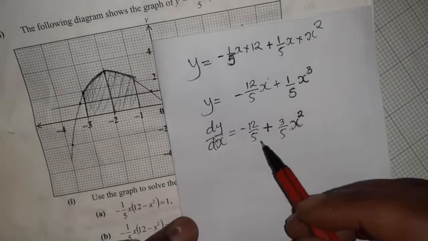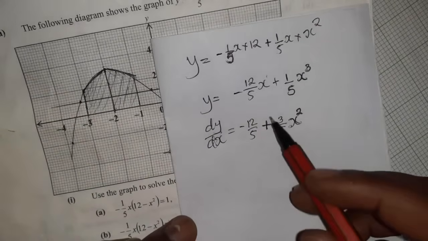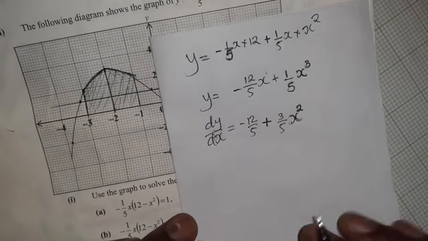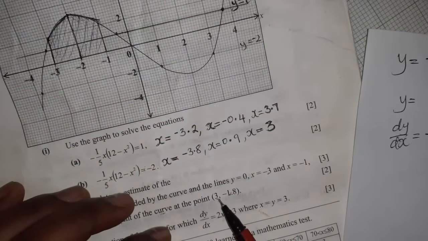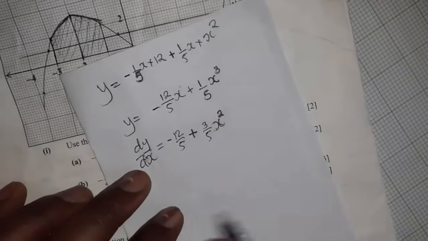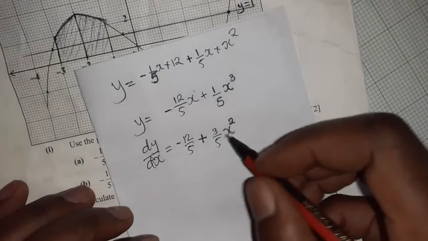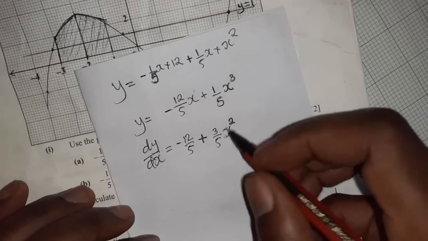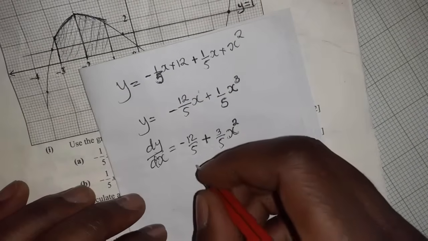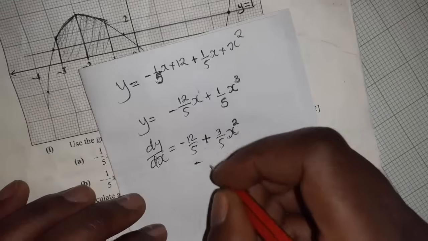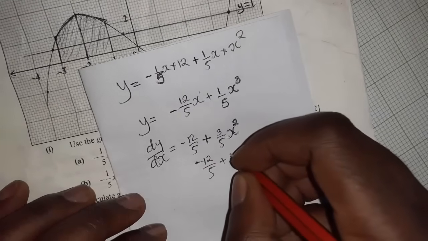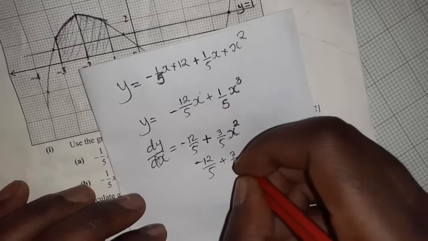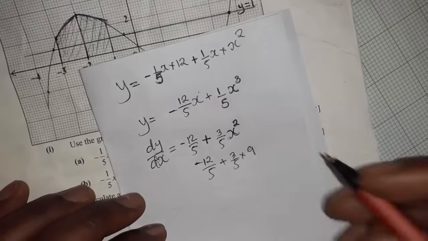Then at this point, in the derivative here, which is the gradient function, we have been given that the x coordinate is 3. So where there is x, we put 3. So we're going to have negative 12 over 5 plus 3 over 5 multiplied by 9.